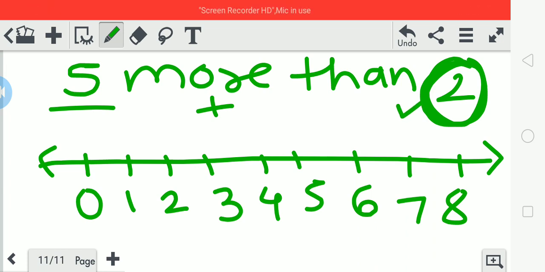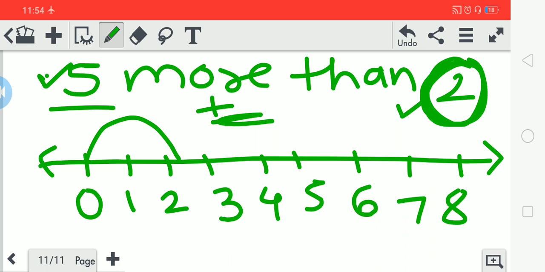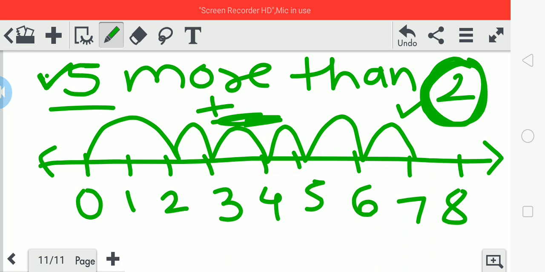Your second number is 2, so take a jump from 0 to 2. Now more means plus, plus means right side 5 moves. So take 5 moves to the right side. 1, 2, 3, 4, 5. You reach at the 7. So answer of this question is 7, right?